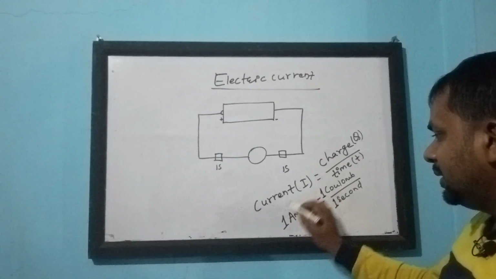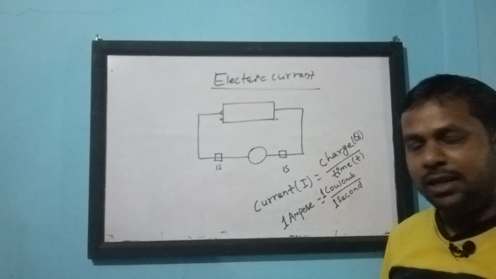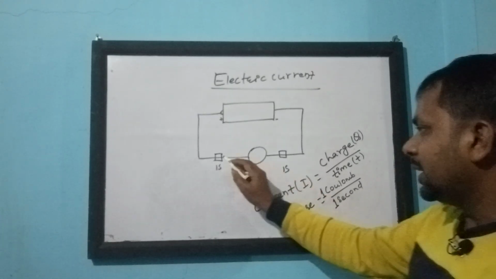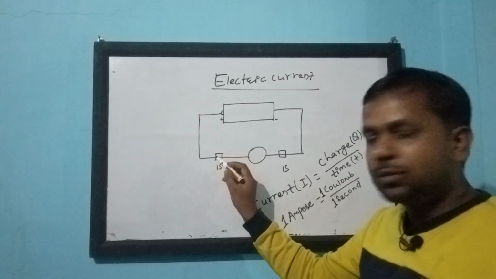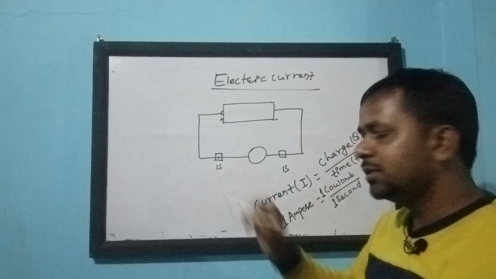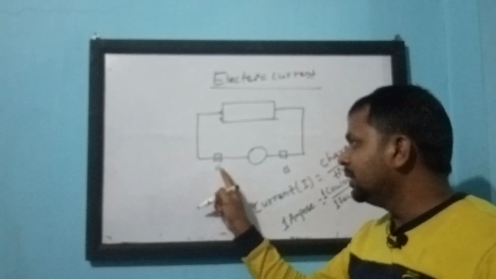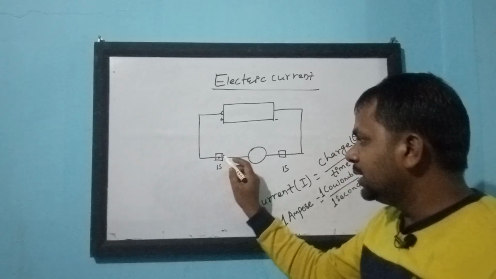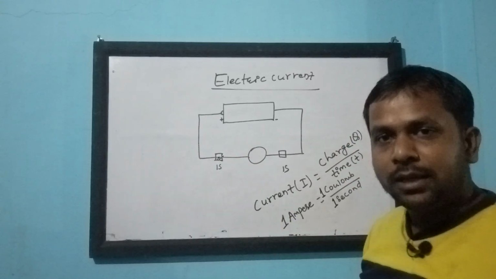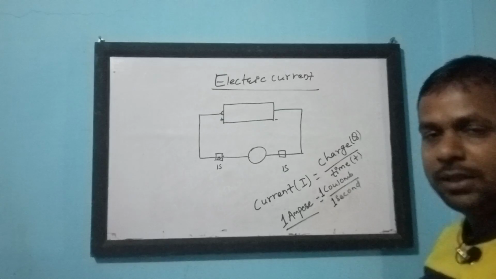Simply we can define 1 ampere current like this: in 1 second, if 1 coulomb charge is flowing through this point, then here the value of current is 1 ampere.